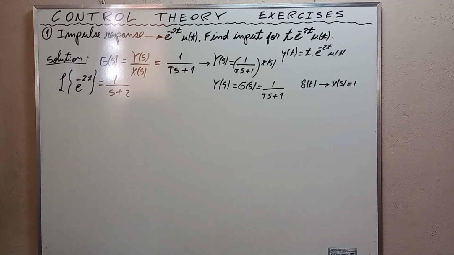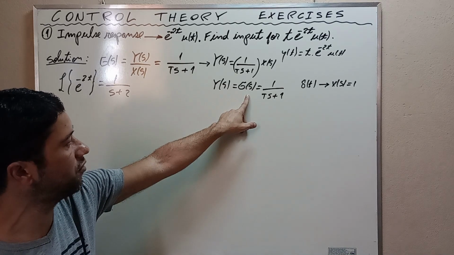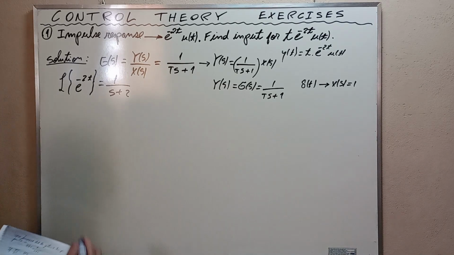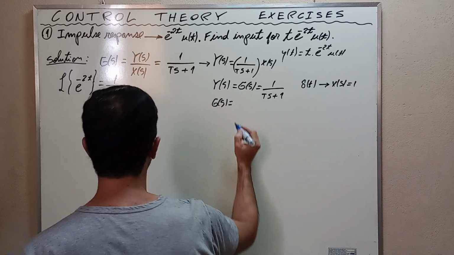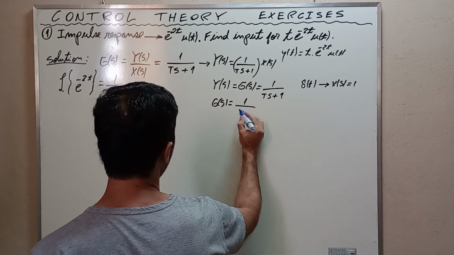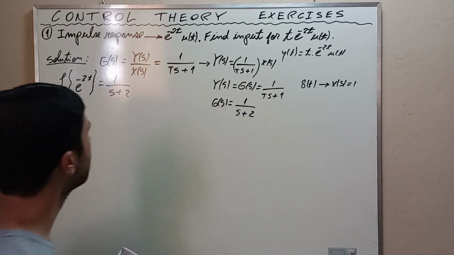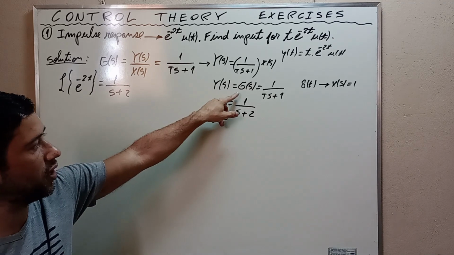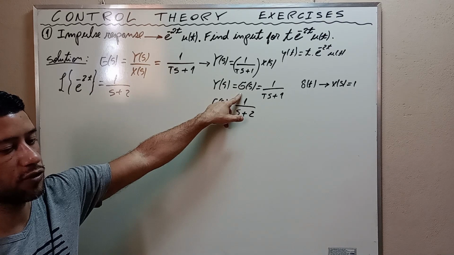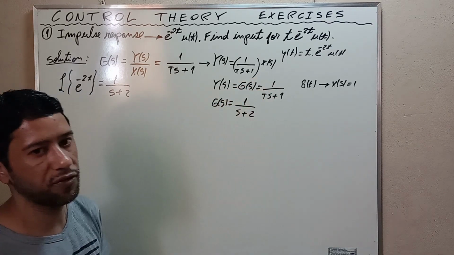Observe that the Laplace transform of e raised to the power of negative 2t is equal to 1 over s plus 2. Based on this, we find that our transfer function G of s is equal to 1 over s plus 2, because we discovered that the output is equal to the transfer function when the input is the impulse.